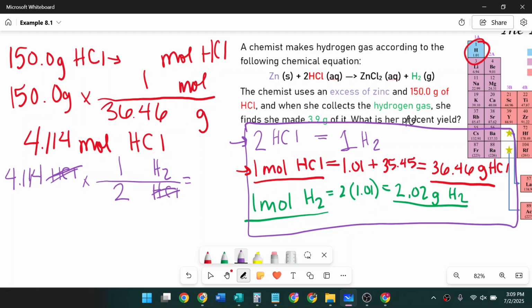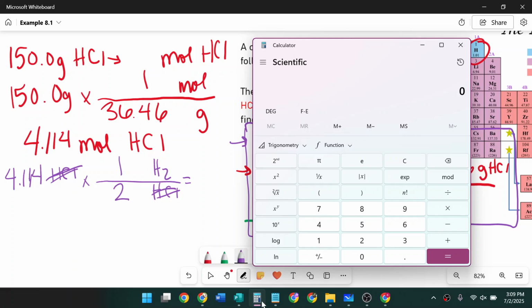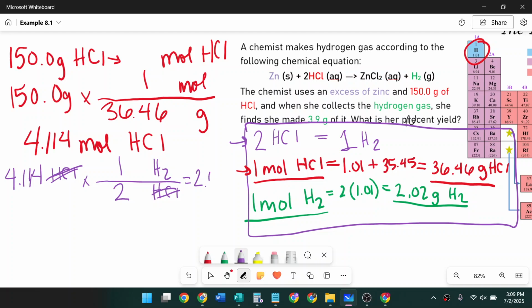And when we do this, remember we need to keep 4 significant digits because the 1 and the 2 are exact. So 4.114 divided by 2 gives us 2.057. So that's how many moles of H2 that she got, or she should have gotten, when she did this reaction.